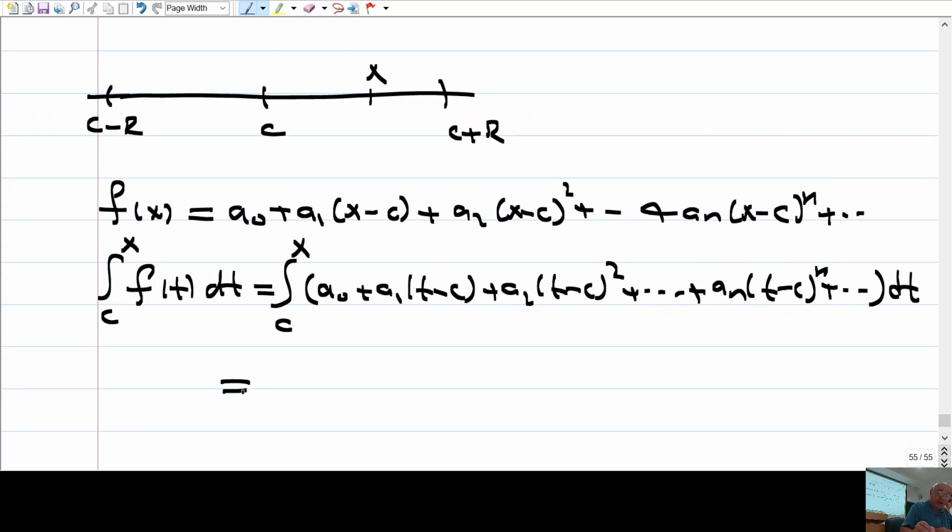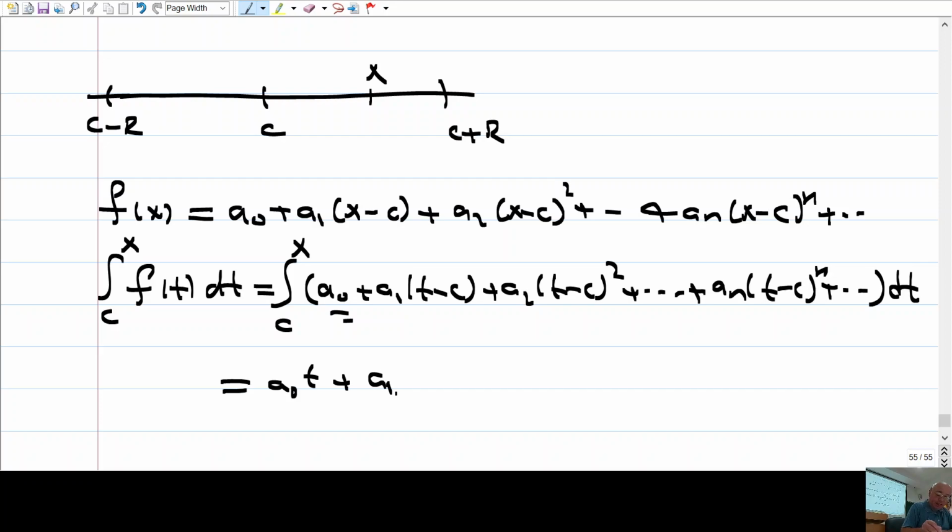The theorem tells us the following. Although this is an infinite sum, you can just integrate it as if it's a polynomial, as if it's a finite sum. So the integral of this is what? It is just a0 t, right?